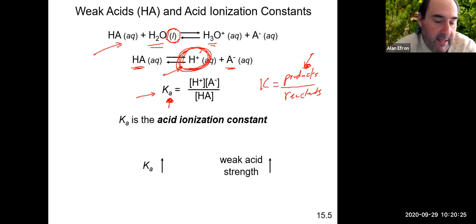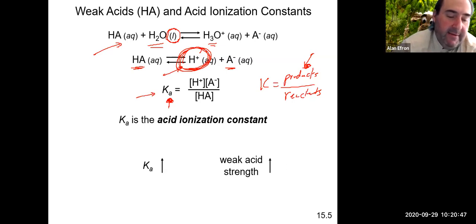So that's why when the Ka value goes up, the strength of the weak acid goes up. A weak acid is still much weaker than a strong acid. So that comparison is just for comparing a weak acid to another weak acid. Again, the higher the Ka value, the stronger the weak acid.